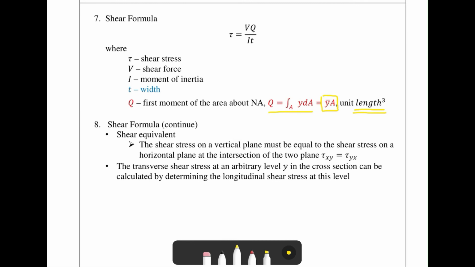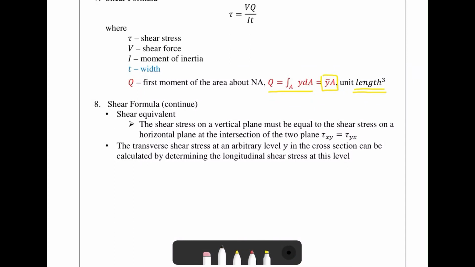Okay, so now the last derivation I want to go through is the shear formula. So you're probably going to say, hey, when we did the derivation, remember we had the cross-sectional area, we did the cut here, and we used the top part as our FBD.